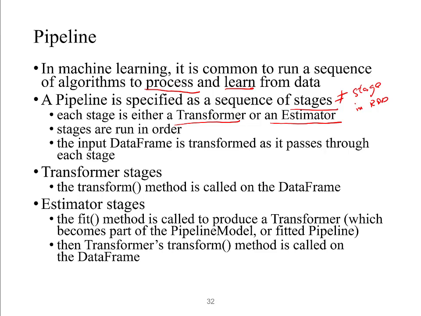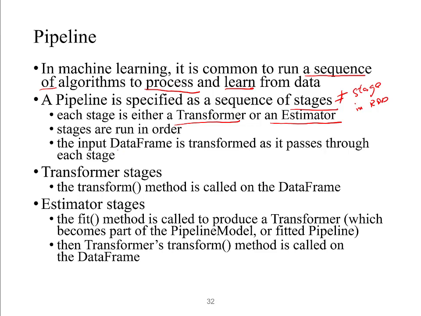We will introduce what a transformer is and what an estimator is later. But for now, you just need to know that each stage is either a transformer or an estimator. The stages are run in order. That's why it is a sequence of stages or algorithms.